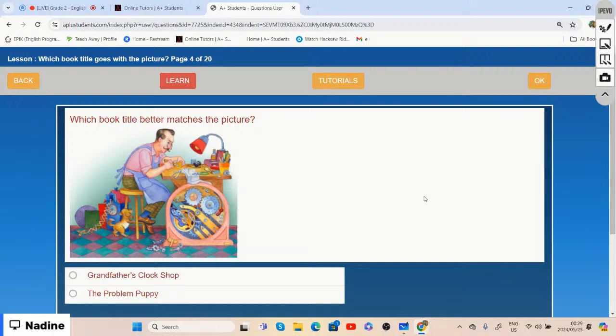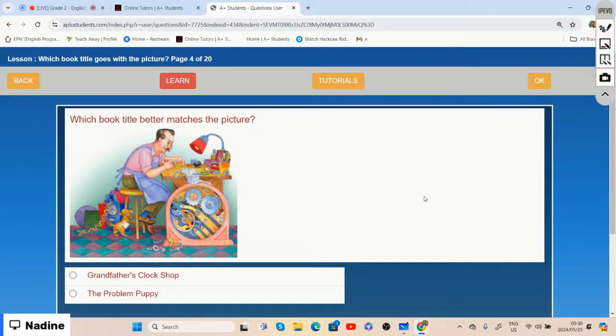Which book title matches the picture? So, is it Grandfather's Clock Shop or is it The Problem Puppy?